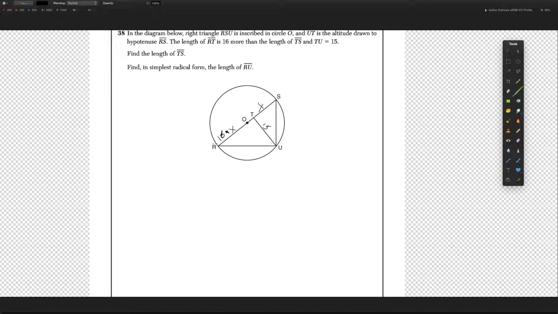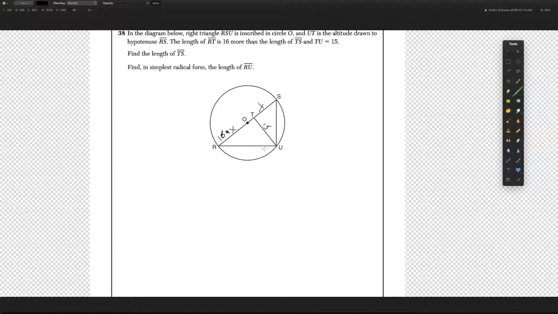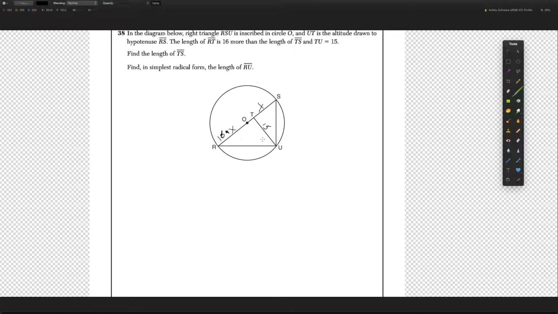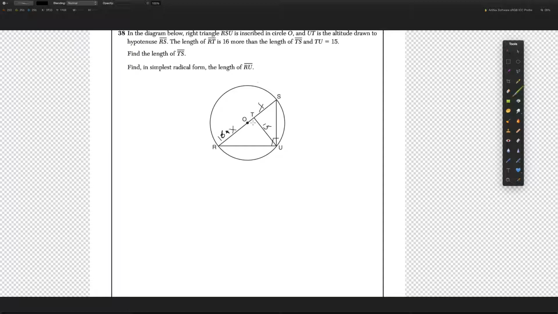The central angle is equal to its arc, and the inscribed angle forming this arc is half of it. So RUS will be half of arc RS. The arc RS right here is 180, so RUS will be half of 180, which is 90. So therefore we know that this is a 90-degree angle, and we're drawing an altitude, making similar triangles.